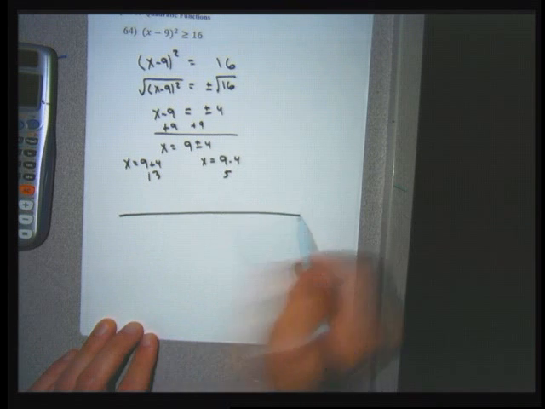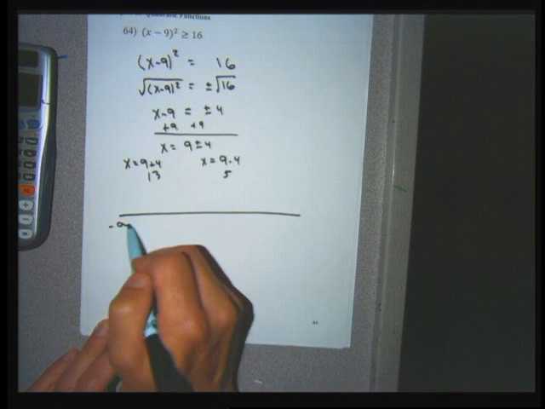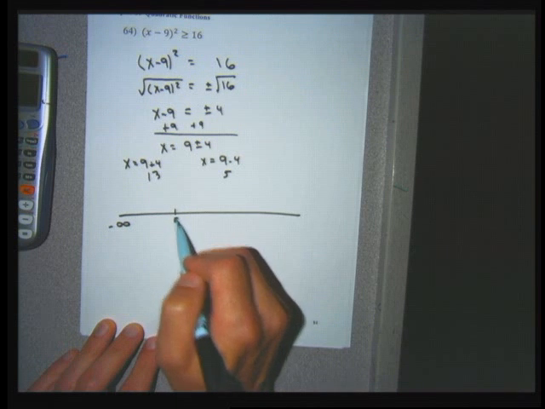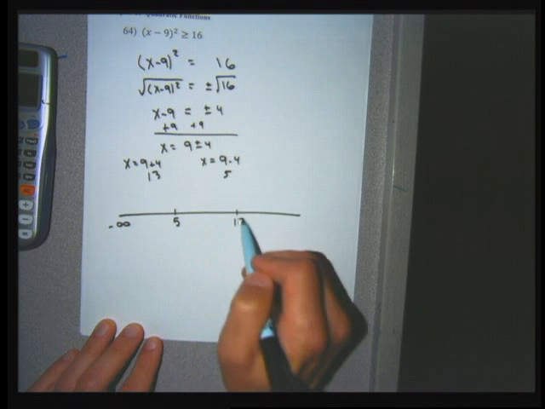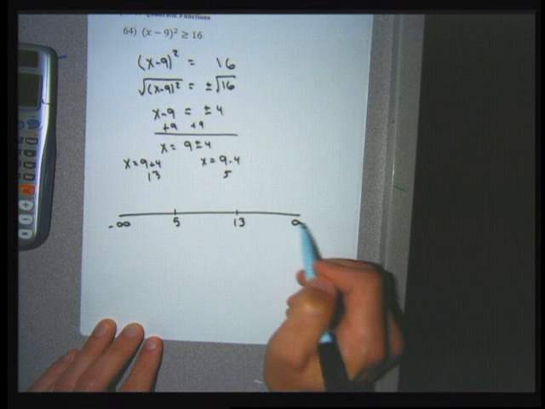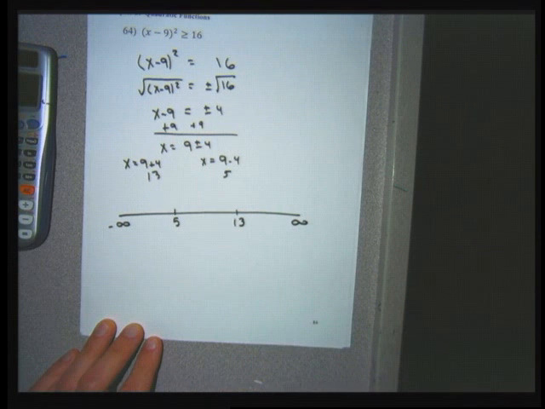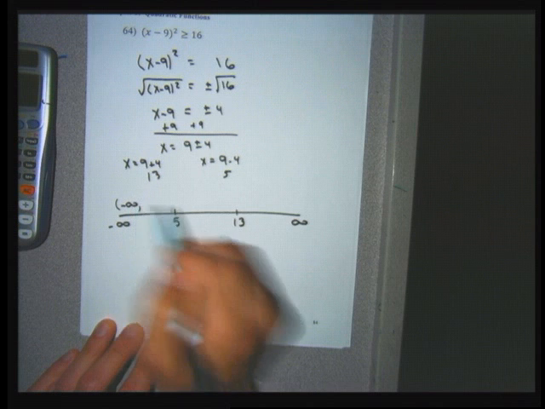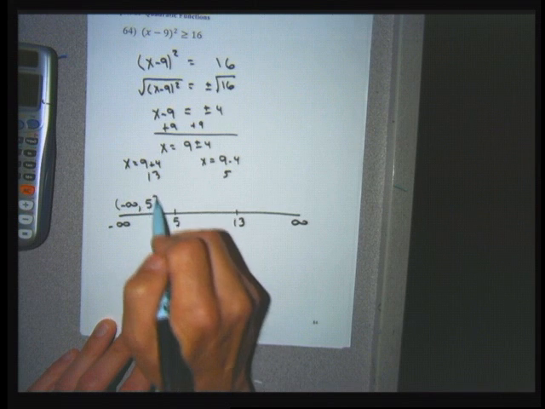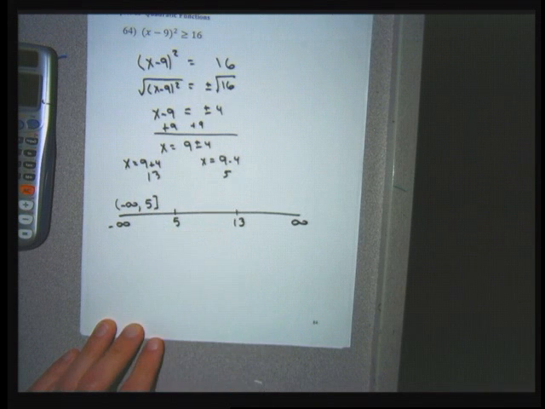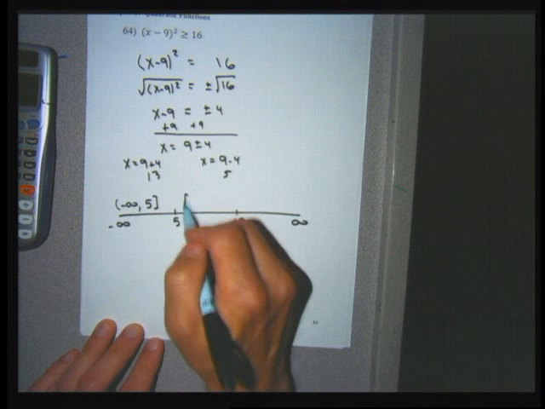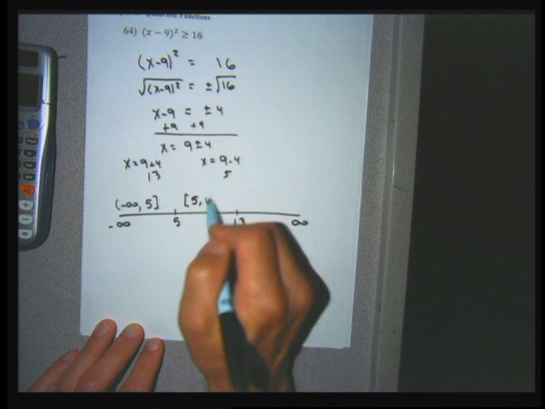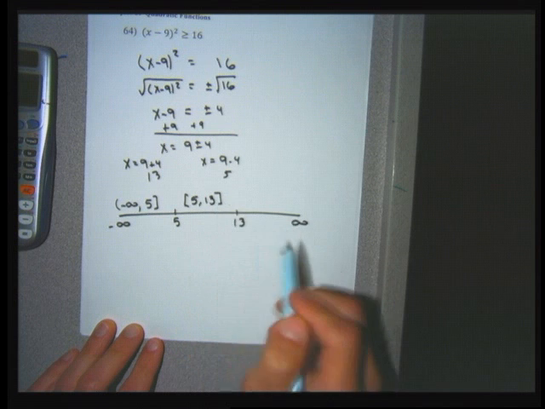So on my number line, I need a negative infinity, a positive 5, a positive 13, a positive infinity. First interval is going to go from negative infinity to positive 5, square bracket because of the or equal to. Middle, positive 5 to positive 13, square brackets.